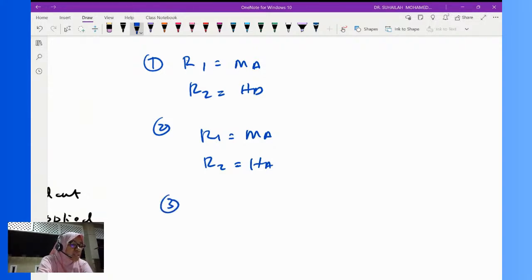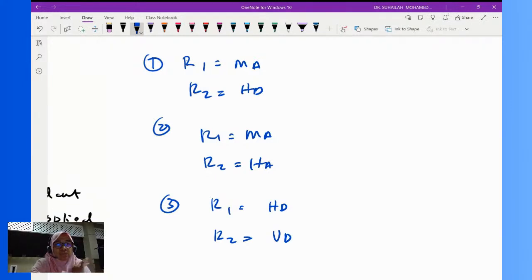The third possibility: R1 is HA, R2 is V, not H, V. So here we remove the pin from D, so HD and VD. So we have three possibilities, and each possibility will give us a different primary frame.